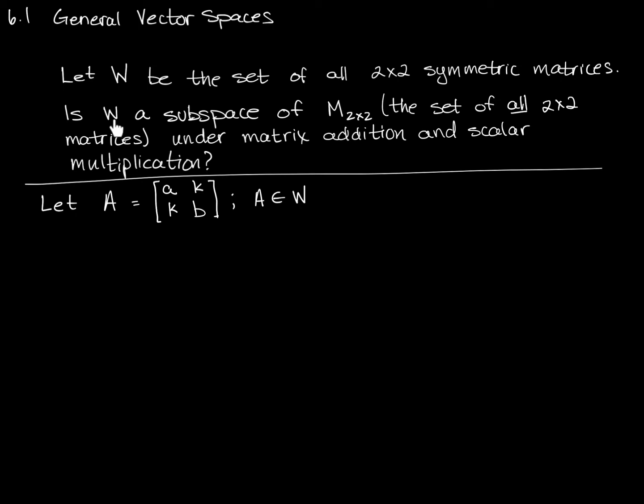And so what we're going to do now is check to see whether W is a subspace of all 2 by 2 matrices. And we're going to use matrix addition and matrix scalar multiplication to check that.